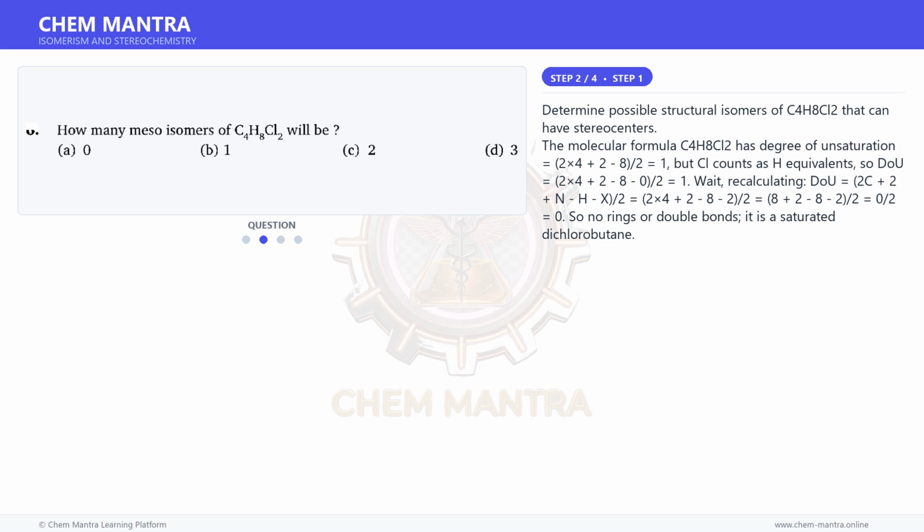Wait, recalculating: DU = (2C + 2 − H − X)/2 = (2×4 + 2 − 8 − 2)/2 = 0/2 = 0. So no rings or double bonds, it is a saturated dichlorobutane.